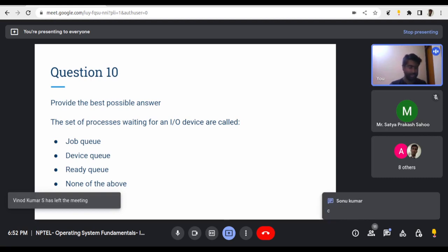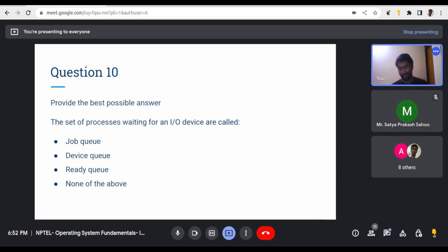So waiting for an IO device, it is in the waiting state, right? Once the process is in the ready queue, it is ready for execution, right? None of the above.